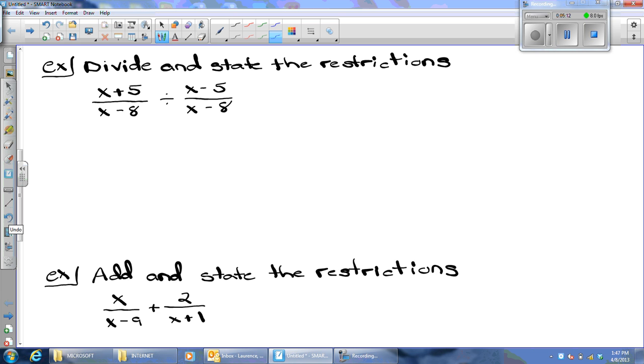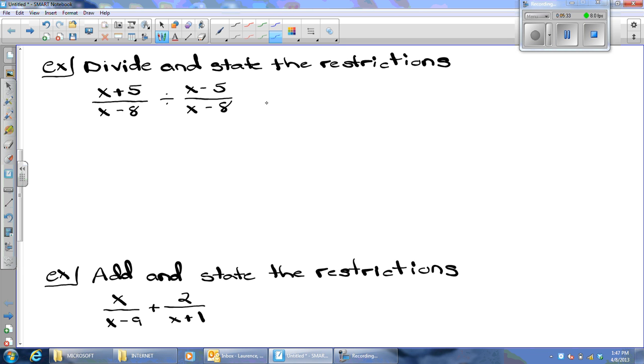Okay, so let's divide now. Just like when we were doing fractions in fifth grade, you want to multiply. So in order to multiply, we need to flip the second one.